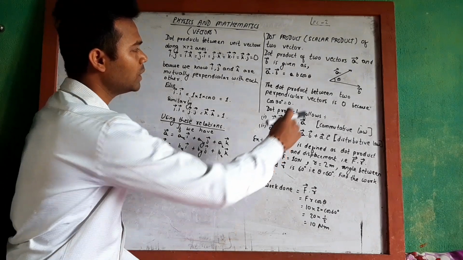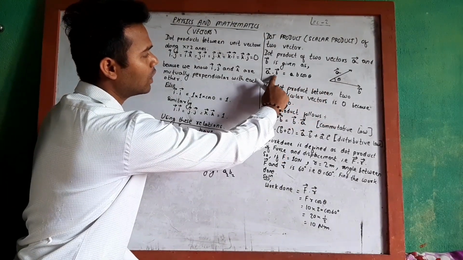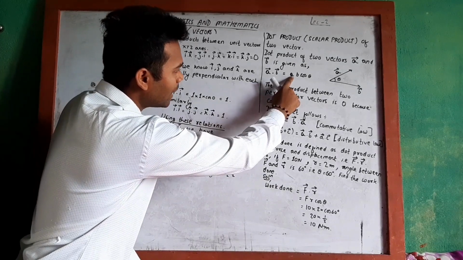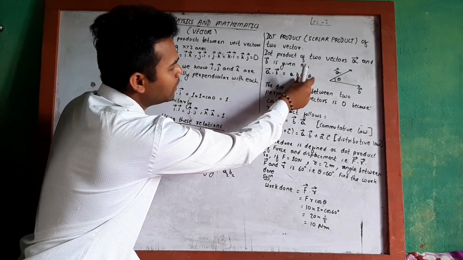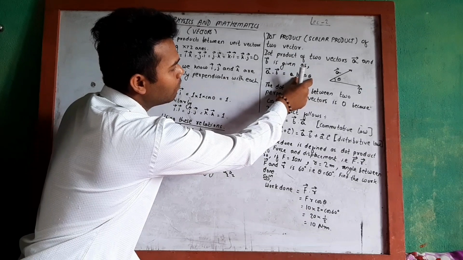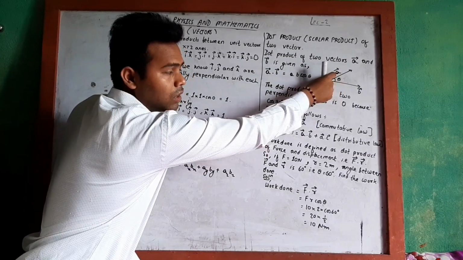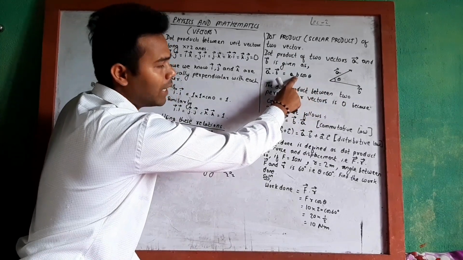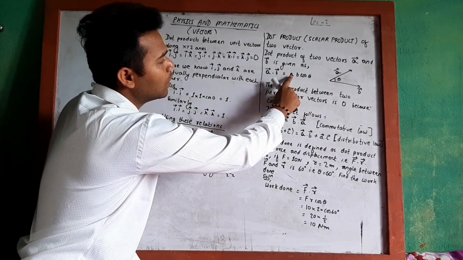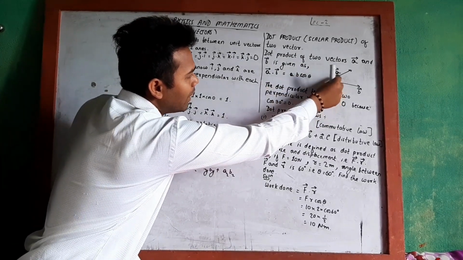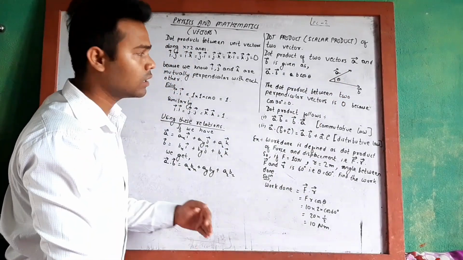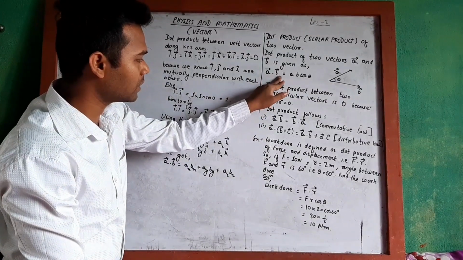One thing to understand about a vector dot b vector is that it is the magnitude of a vector multiplied with the projection of b vector on a vector. Or it can be understood another way: the magnitude of b vector multiplied with the magnitude of the projection of a vector along b vector. In that way also we can understand the dot product of two vectors.